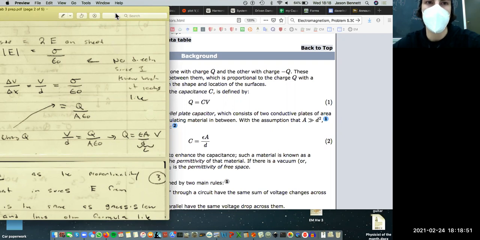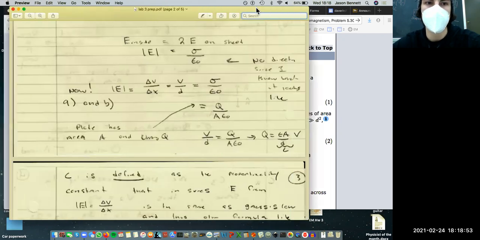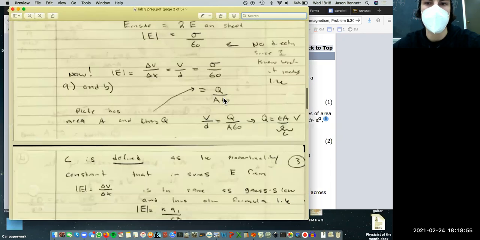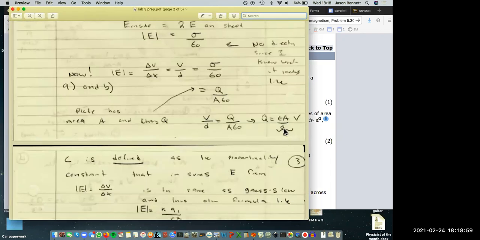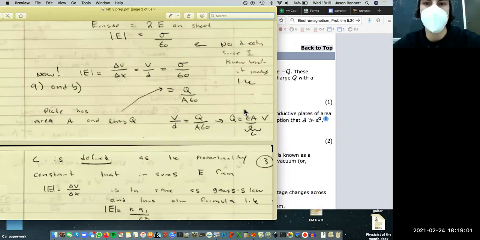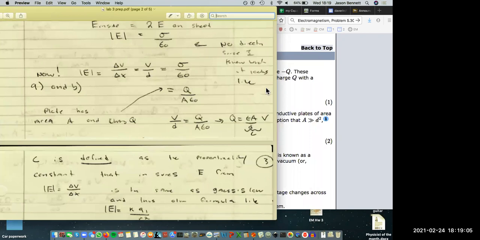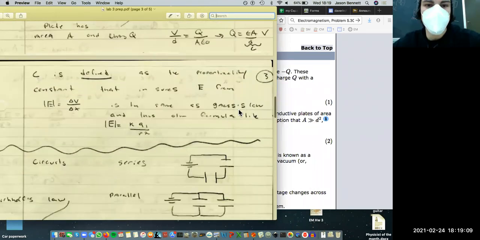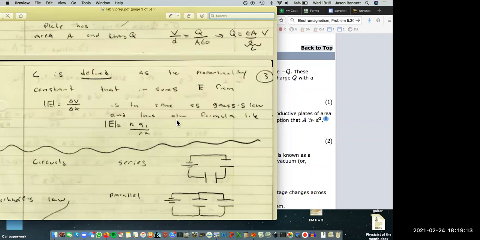The area of the capacitor is constant. It's not like my capacitor is changing size or anything. And the distance between the capacitor plates is the same too. So the only thing that's changing is the charge and the, I mean, the voltage. So it's just the proportionality that allows me to go back and forth between the two things.